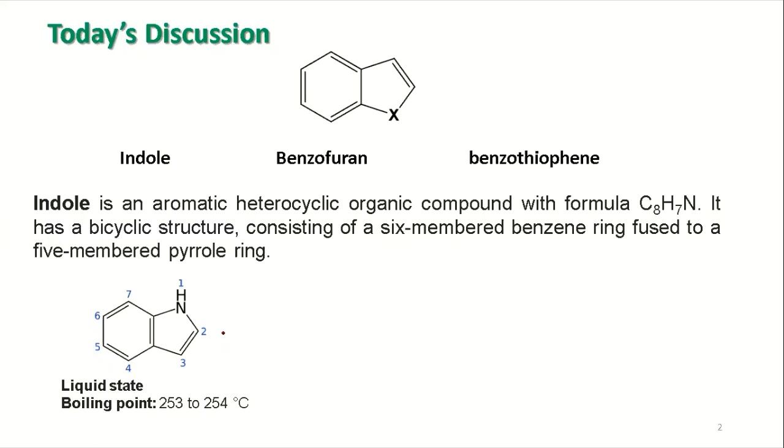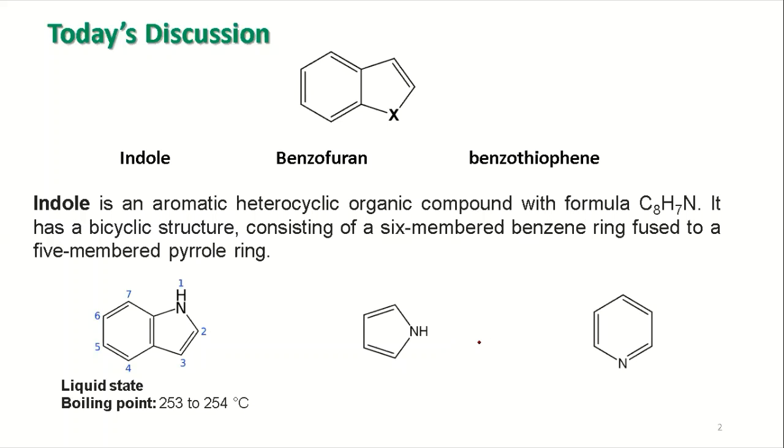Now one thing we often see in the exam is the comparison of basicity. So if you look at indole and pyrrole and pyridine, quickly can you tell which one will be the most basic and what will be the order? If anybody wants to give the answer quickly.